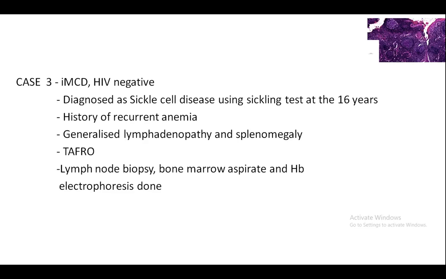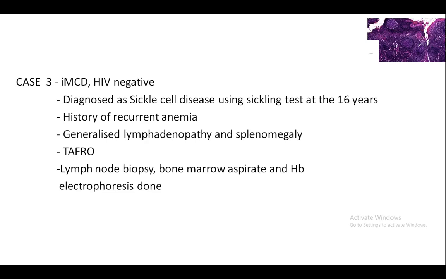Whilst on the ward, he developed this syndrome called TAFRO. The T is for thrombocytopenia, which was evident from the full blood count, and he had generalized anasarca, and his bone marrow also showed some enlarged cells which looked like macrocytes. He also had organomegaly, as mentioned, that he had a spleen.